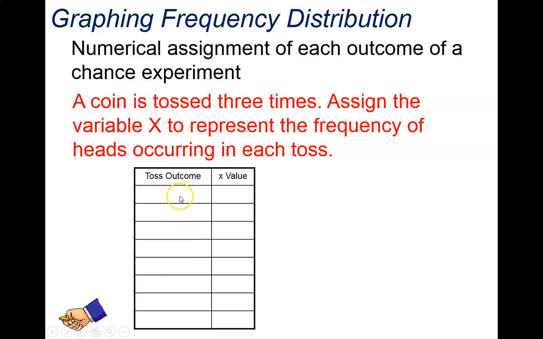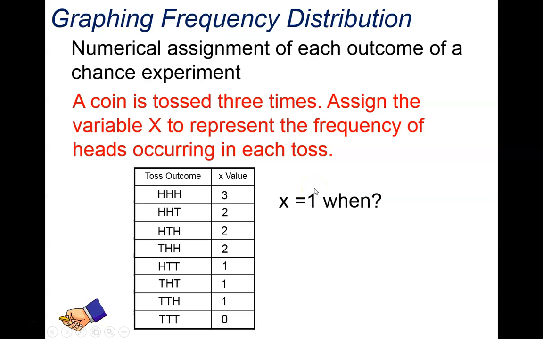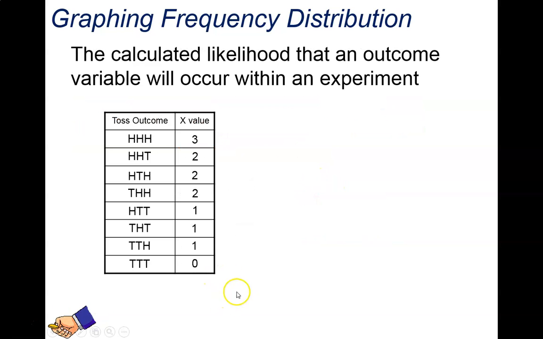So in this case, they're doing it for a coin toss of three tosses, and they're looking at how many heads you get. So a coin is tossed 3 times. Assign X to represent the frequency of heads.